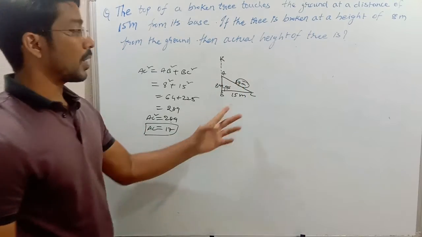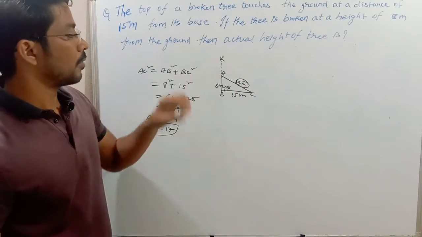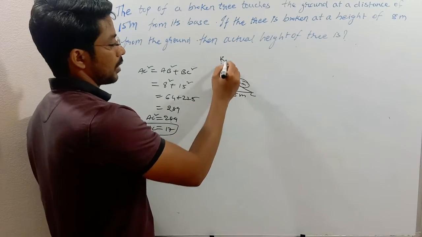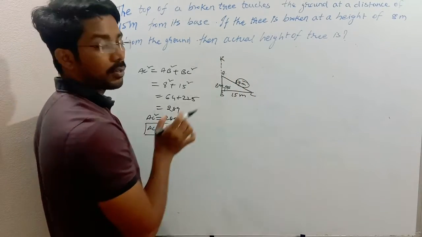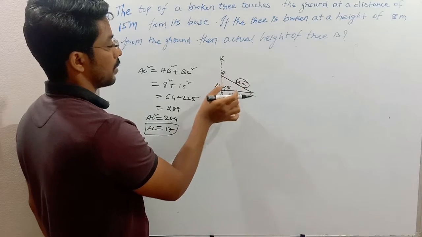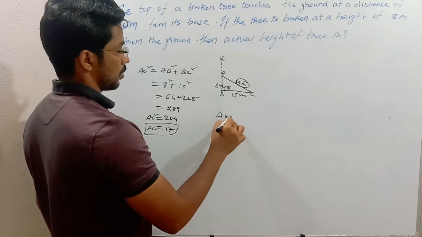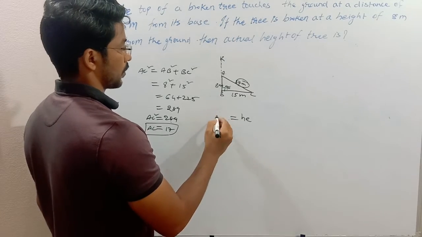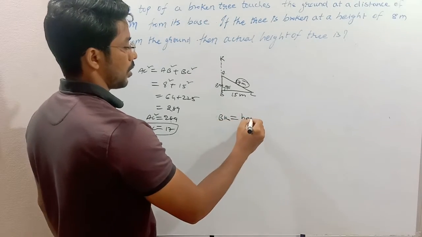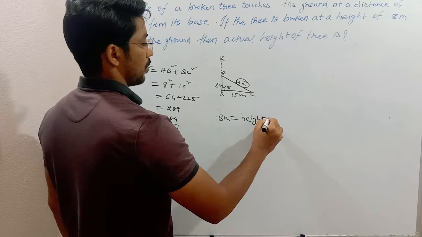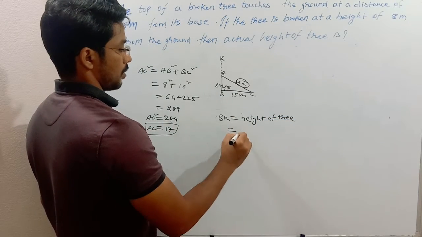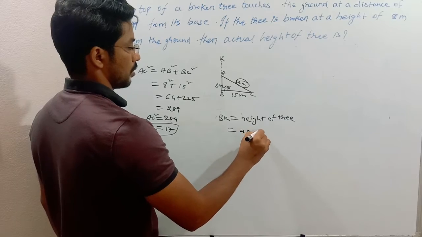If the AC value is 17 meters, what will be the height of the tree? The height of the tree will be BA plus AK. AK is equal to AC. So BK, the height of the tree, is equal to AB plus AC.